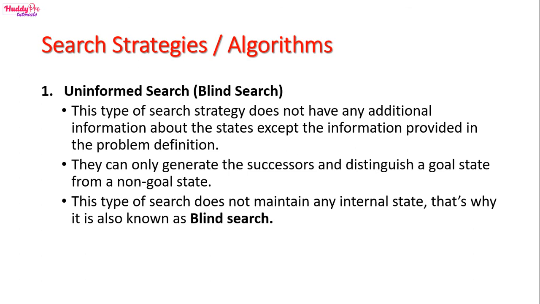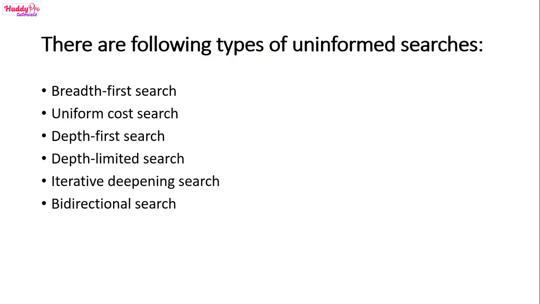Therefore it's also known as the blind search. These are the examples of uninformed search algorithms. In the next tutorial, we shall be discussing them one by one in detail. We have breadth first search, uniform cost search, depth first search, depth limited search, iterative deepening search, and bidirectional search.